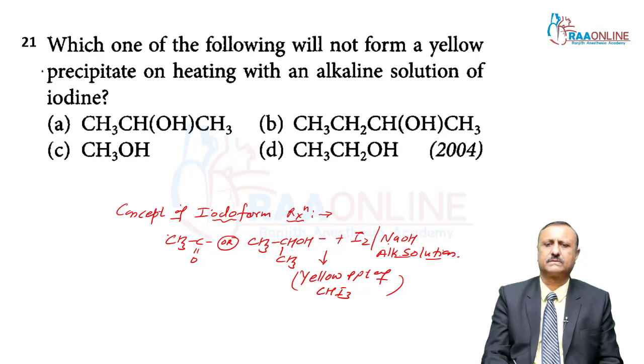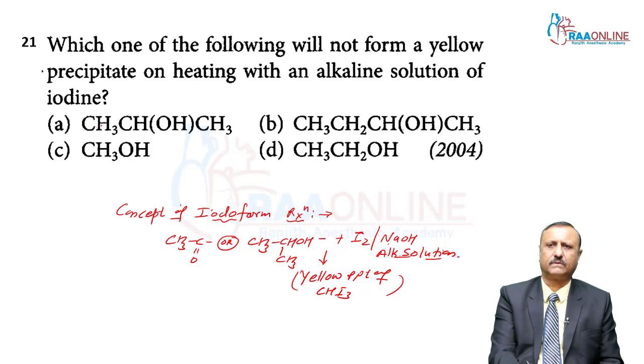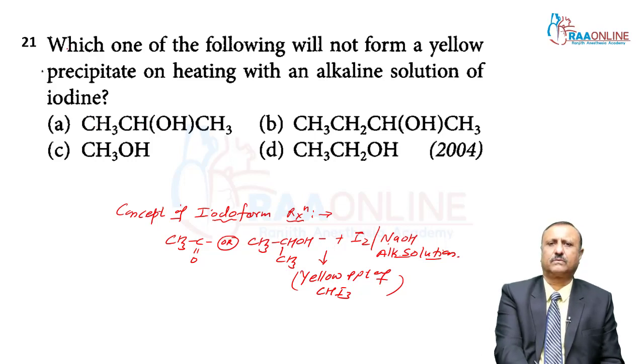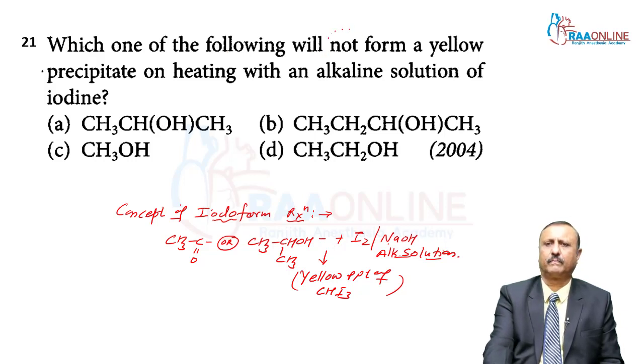So my dear students, here you can see the 4 options. This is the trick: you have to look at the functional group. In option 1, you can see the functional group is present, but please see the question: which one of the following will not form a yellow precipitate on heating with an alkaline solution of iodine.